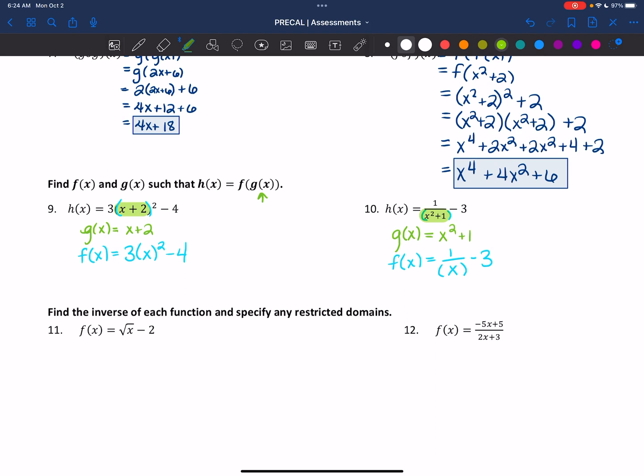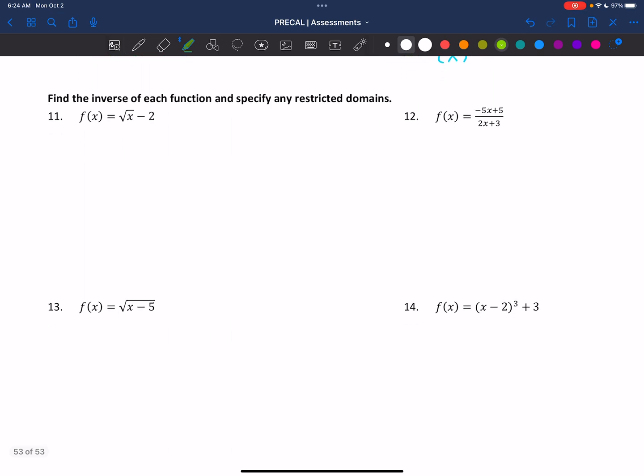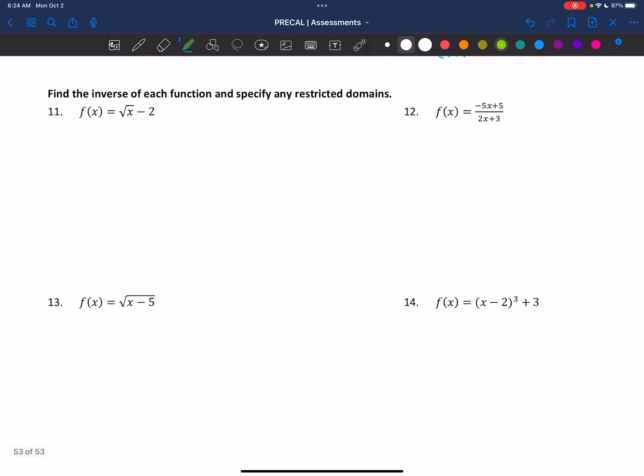All right, that's decomposition. Now we've got the last part of this review, which is to find the inverse and state restricted domains. So what we would want to do here for the square root function, because I do know that a square root function does have a restricted domain, I want to go ahead and find its domain and range so that we can apply that to its inverse.